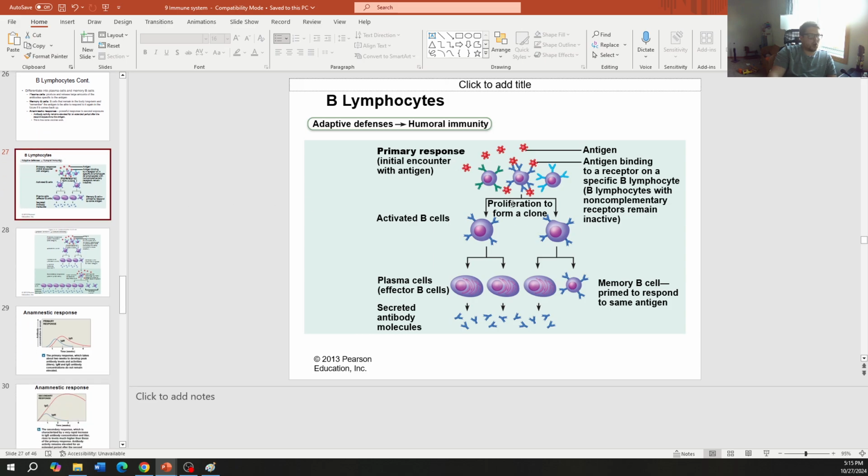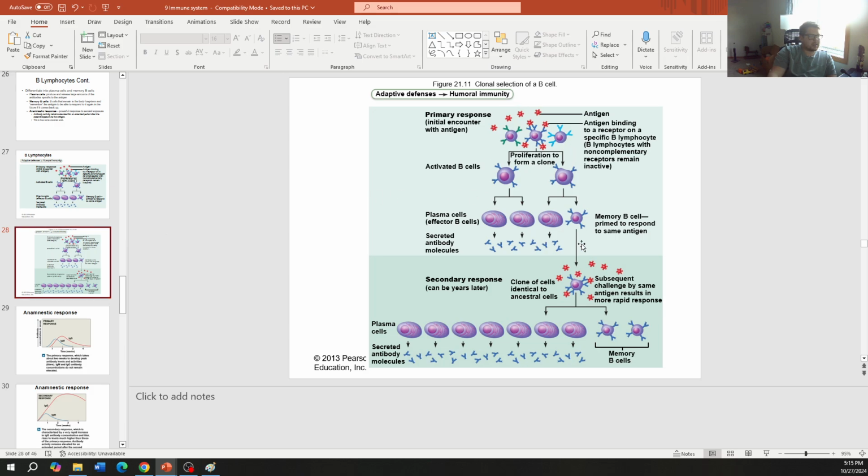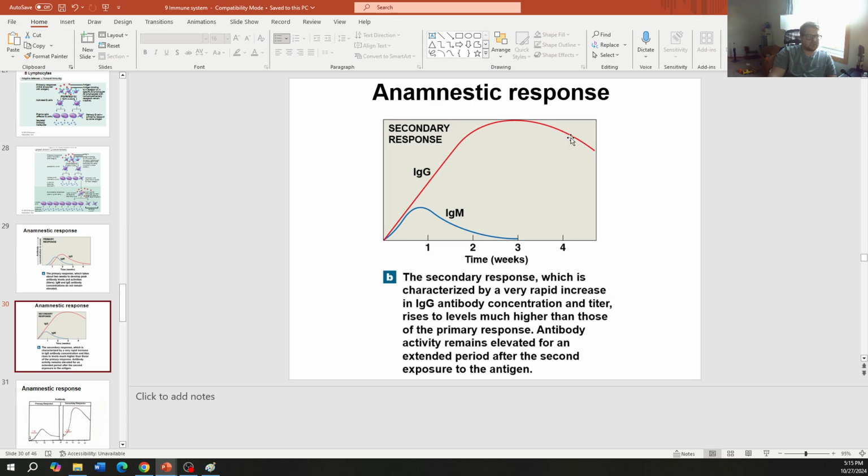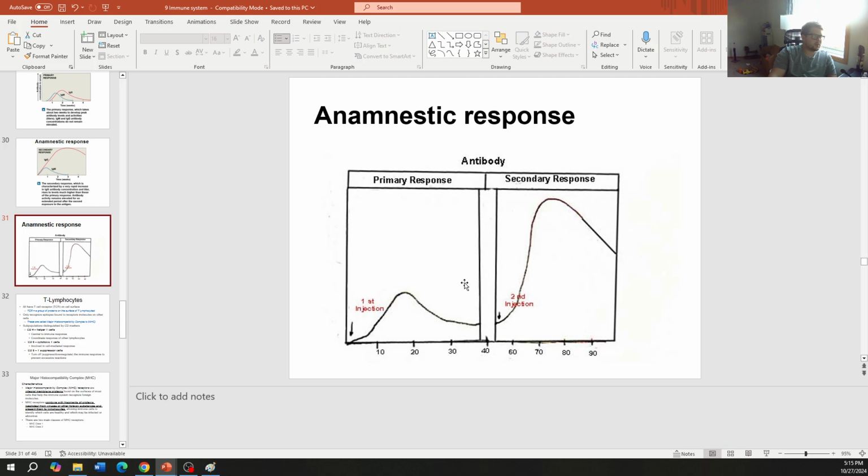This is just going over that. We have that primary response, and then we have the secondary response where we can immediately activate and get going very, very quickly. Here's that first exposure. There's that second exposure. Much more rapid, much quicker response. Primary response, secondary response.